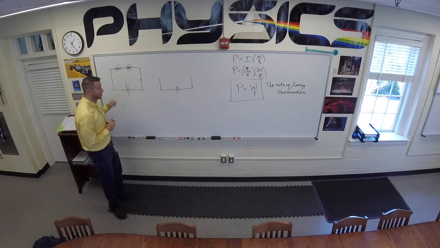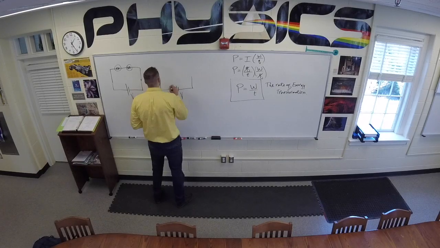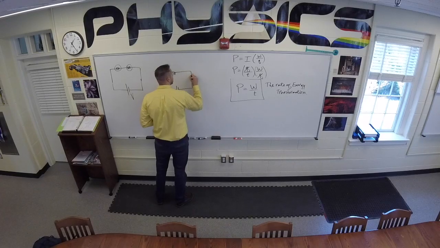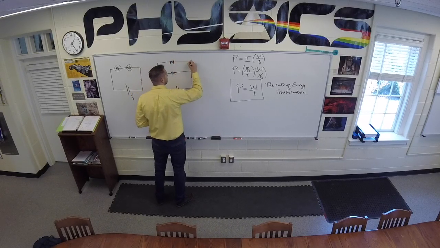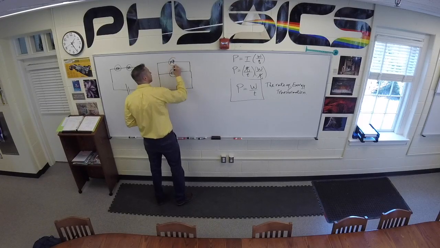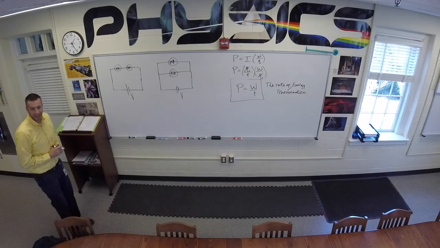These are light bulbs attached to a similar battery here, V, and a similar battery here, V. Then I'm going to do what you were doing in part 2 of your lab, which was connect this one to this.